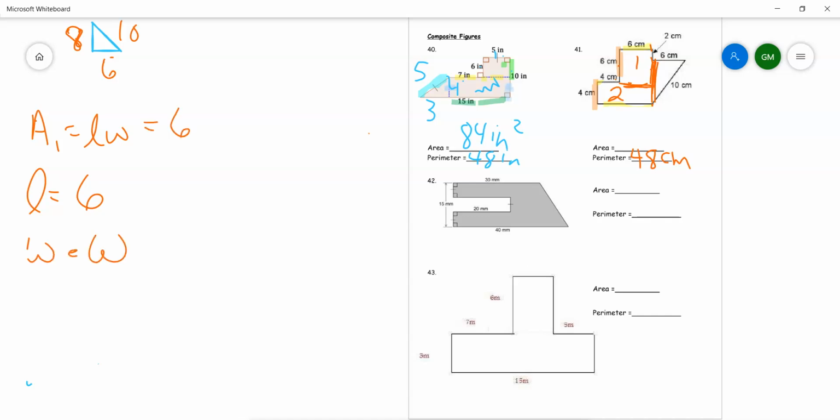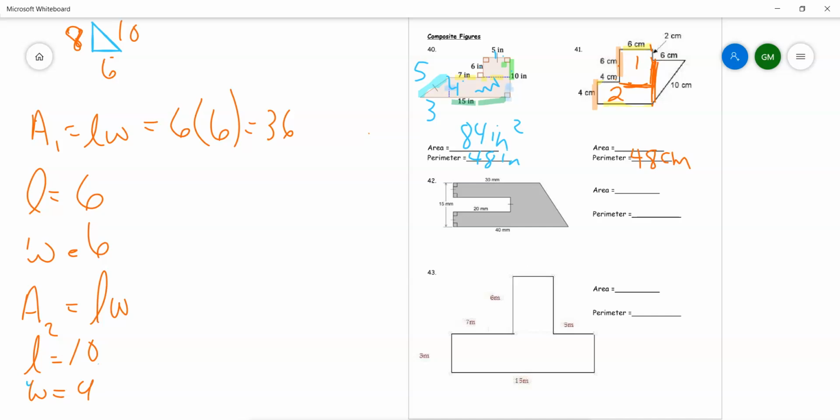So 6 times 6 equals 36. And then for the area of the rectangle, we have a length of 10 and a width of 4. 10 times 4 is, of course, 40.